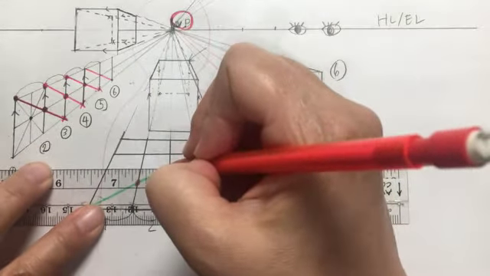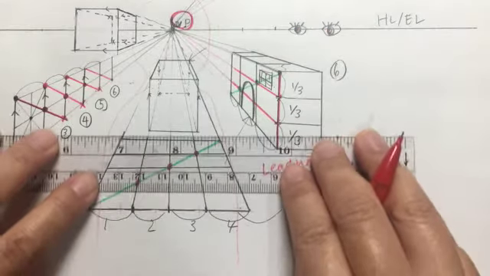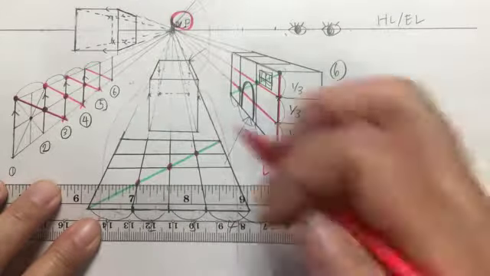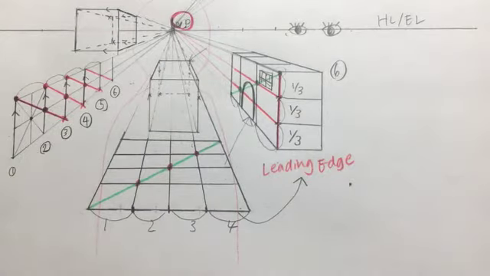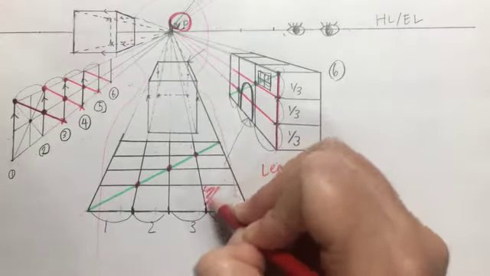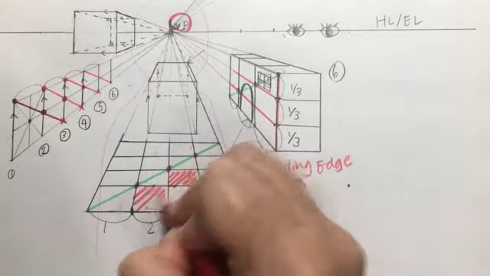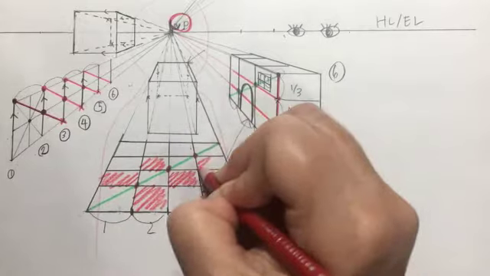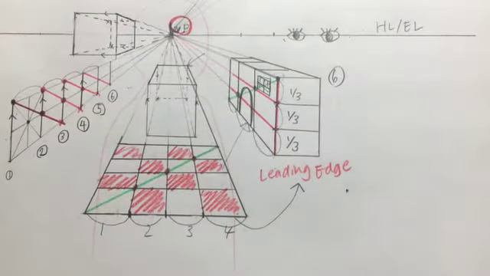So here, remember the line has to be parallel to the horizon line, right? Okay, so this is your checkers. You can color them like so. Okay, so that's your checkerboard.